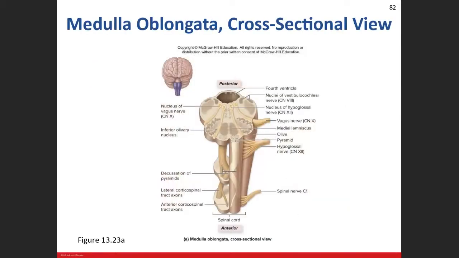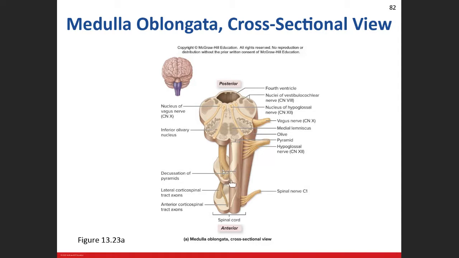And the next part of the brainstem is called the medulla oblongata. The medulla oblongata is the inferior portion of the brainstem, and it continues with the spinal cord inferiorly. It includes the sensory and motor tracts which connect the brain and the spinal cord. We can see the pyramids.